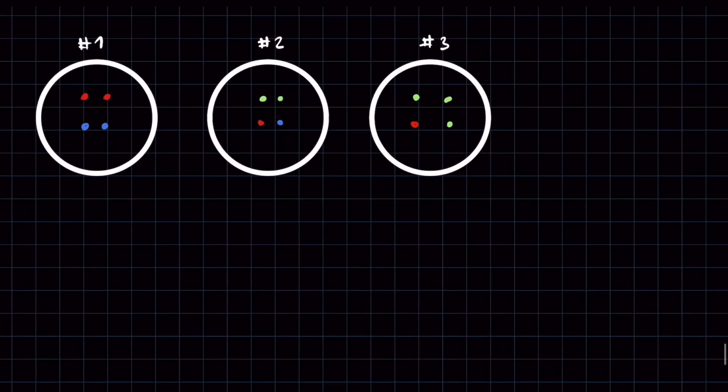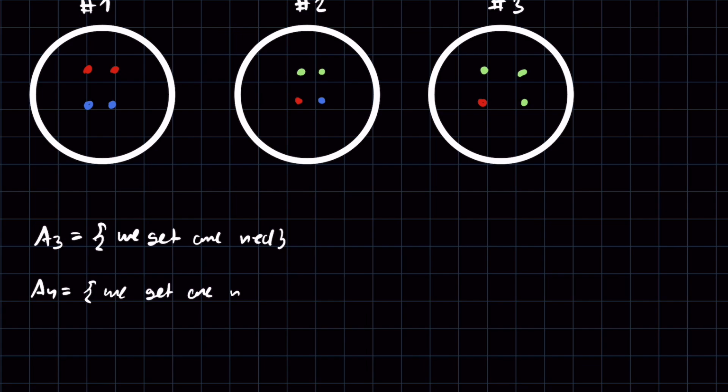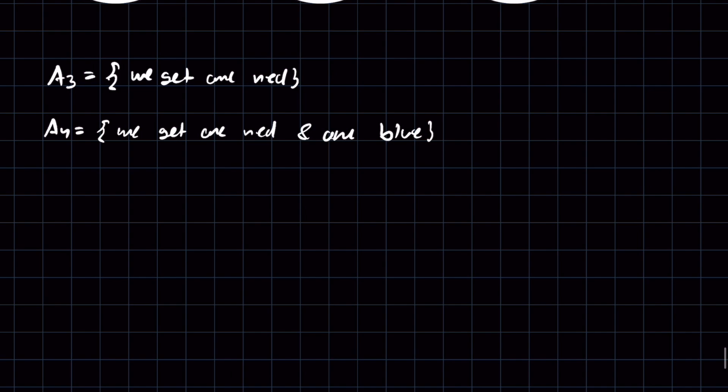Okay, so let's first start with A3, declaring what A3 is. A3 is going to be the case where we get one red, and the other case is going to be A4, which is where we get one red and one blue, right?